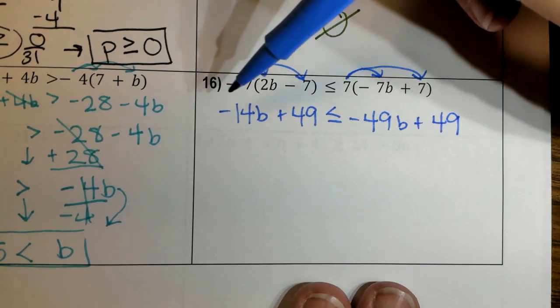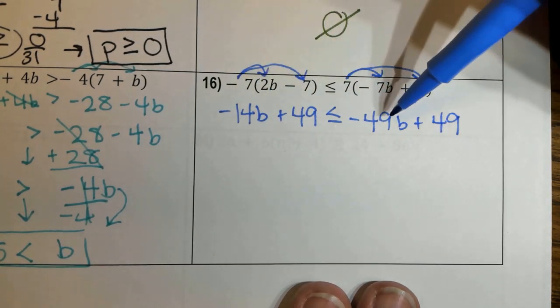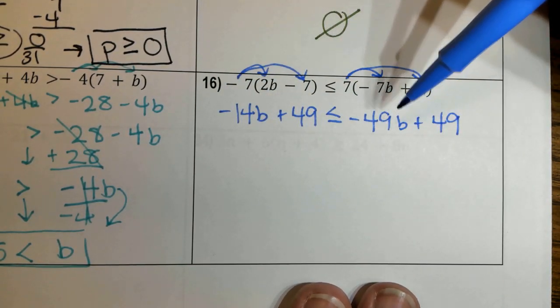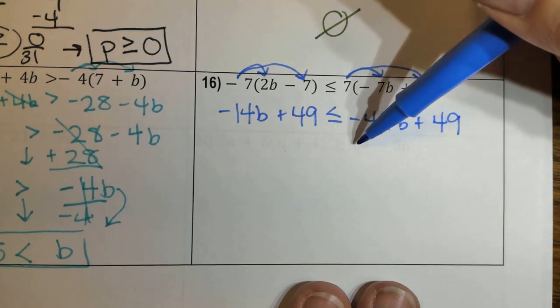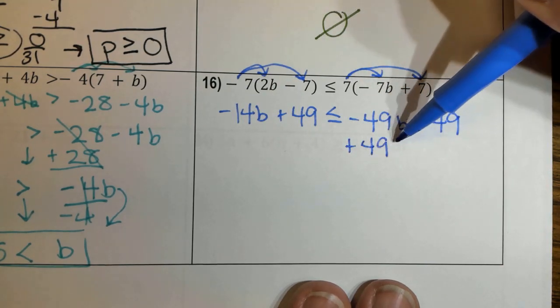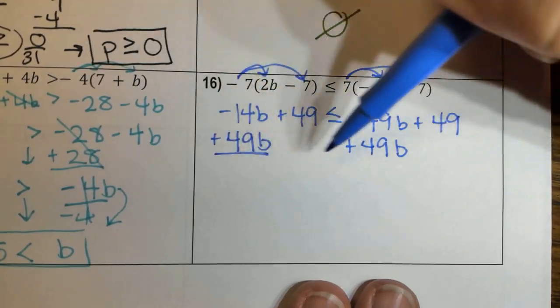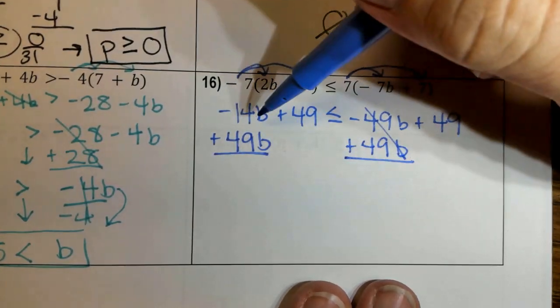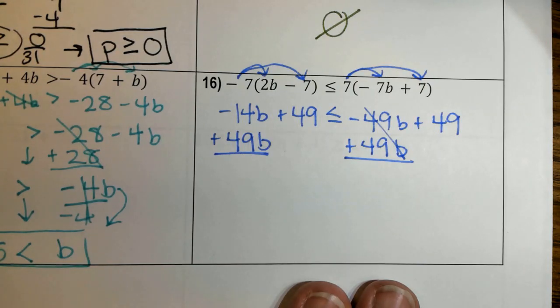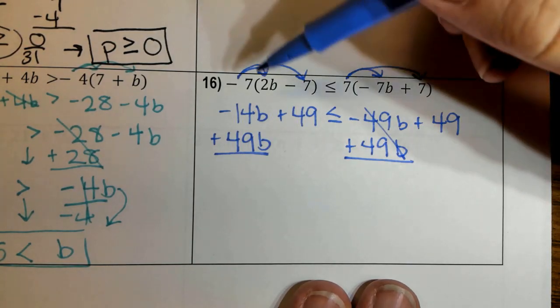Okay. So I have 2 b's. I can move 1 to the other side. So negative 49 is definitely smaller than negative 14. So I'm going to add, move it. So 49 minus 14. Let's see.